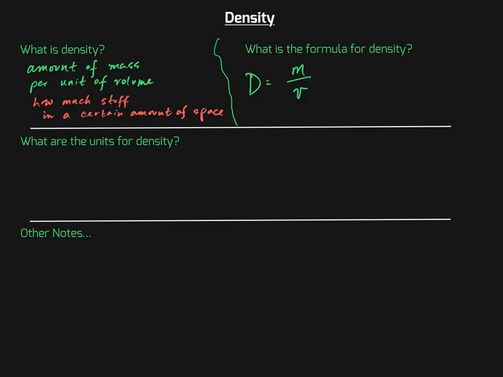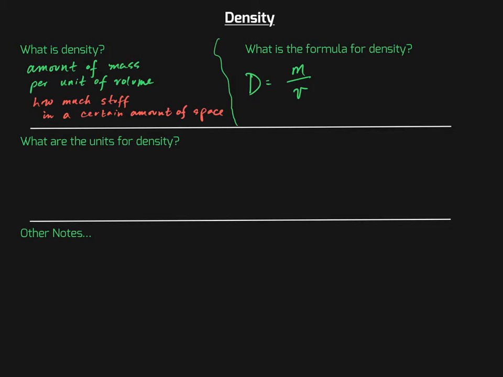And this formula should make sense because in our definition we're saying density is the amount of mass per unit of volume. What this word per means is we have some sort of division going on there. Okay, so we have mass per unit of volume.